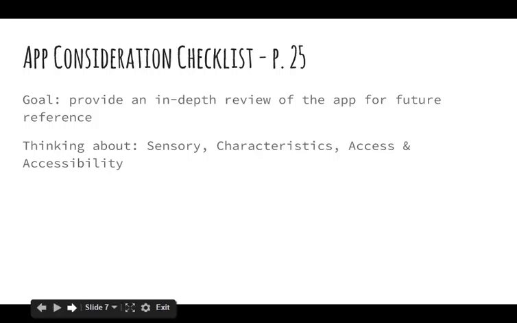So if you were to use this checklist maybe once or twice, it helps you really comb through apps with a fine-tooth comb and look at all of these different aspects. Like I said, they break down the auditory section, they have the visual section, and it really lets you analyze an app from a different perspective, which I think is really helpful.